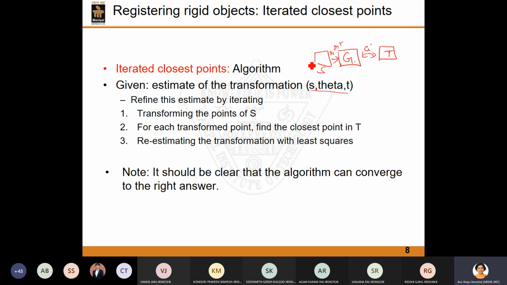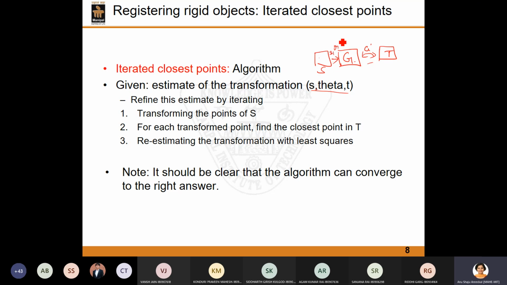When I'm trying to solve the least square minimization problem, I'm trying to minimize the error between these two by varying the values of S, theta and T over the iterations.